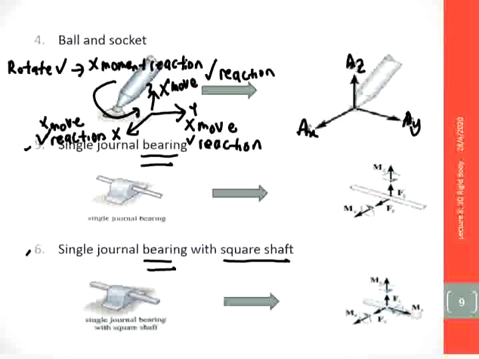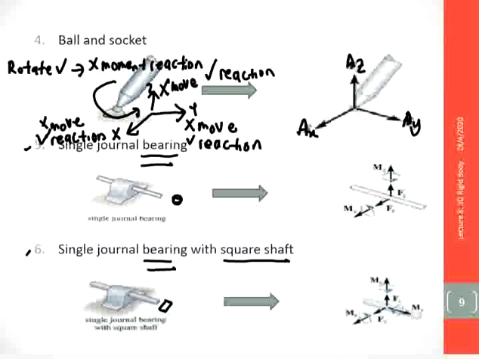Square shaft means this long structure has a square cross section, and this one has a circular cross section. By this condition, you need to understand how it moves.